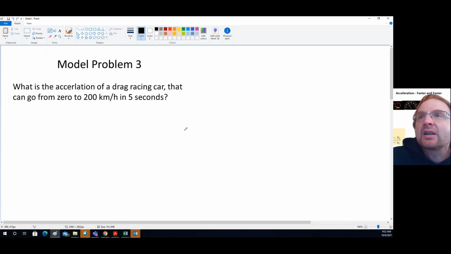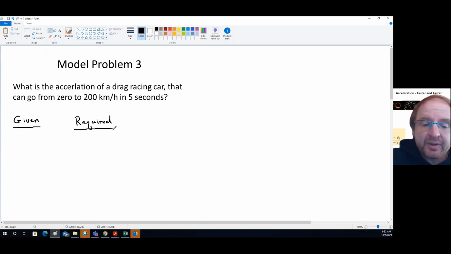All right, what's the acceleration of a drag racing car that can go from 0 to 200 kilometers per hour in 5 seconds? Holy doodle. Okay, first read it, then get down your little summary and write it out exactly as I'm writing it out. I always like to start with these two, given and required.